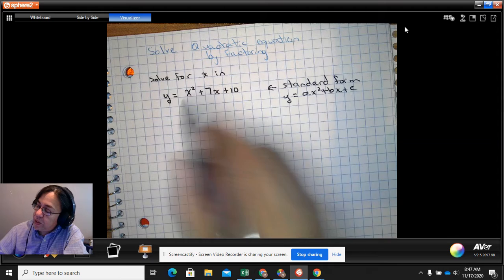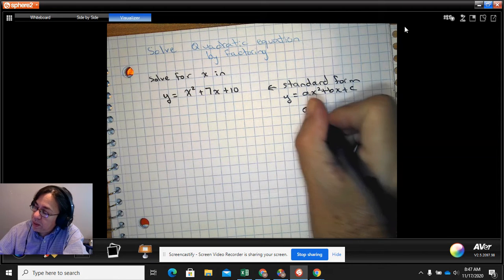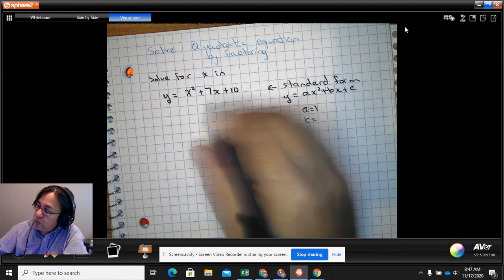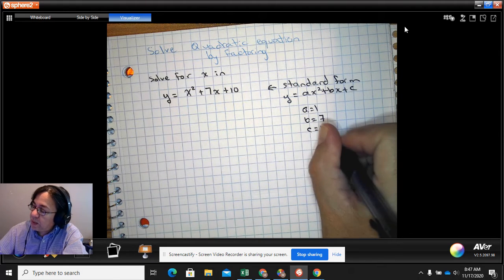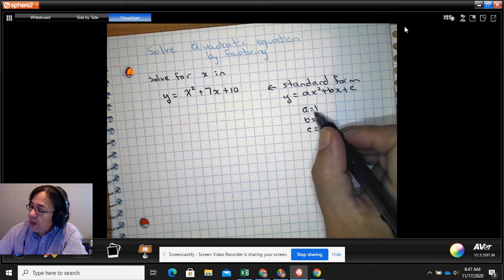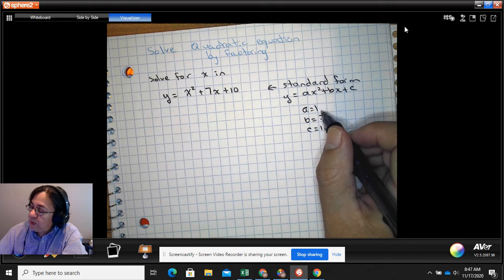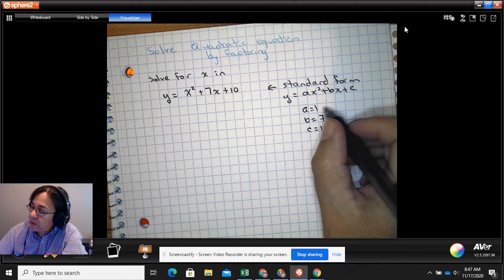Here in this situation, a is equal to 1, b is equal to 7, and c is equal to 10. Whenever you have a equal to 1, you can use the following method to solve for x.